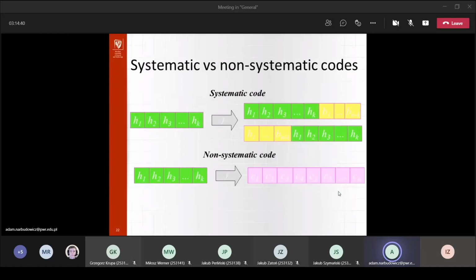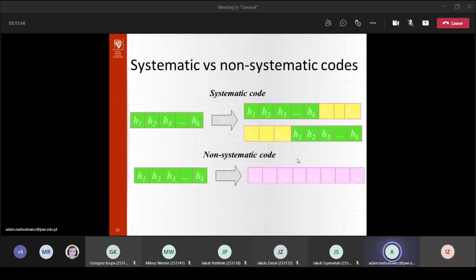Okay. Now, what is also important is to see the distinction between systematic and non-systematic codes. So PESEL is the most intuitive case of a systematic code. It basically means that we have the original input block, and we simply add either at the end or before that block additional bits that create our redundancy, right?